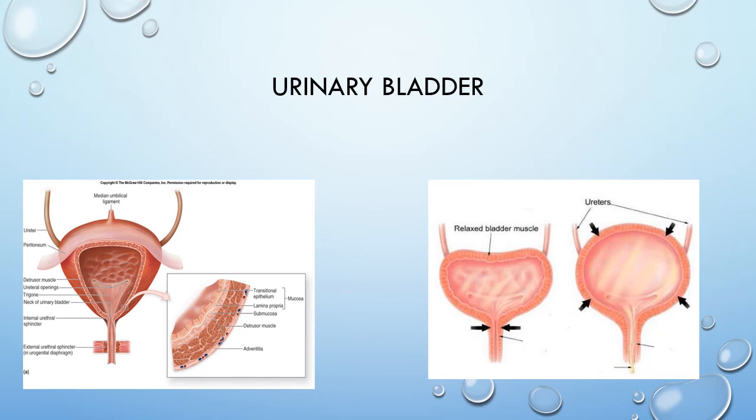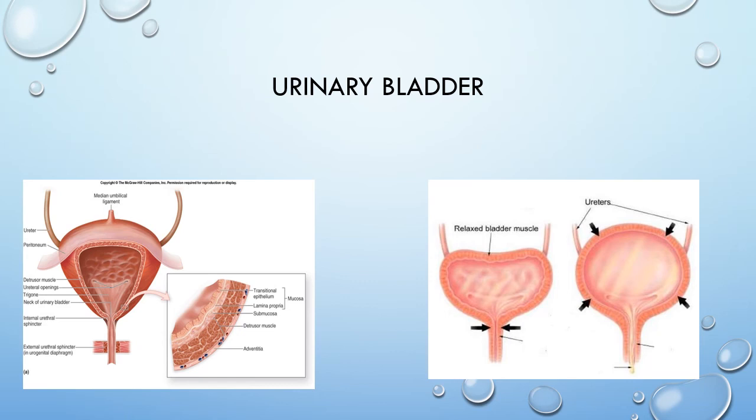So the bladder itself has 3 layers of smooth muscle, and it is made up of mucosa, transitional epithelium. Remember transitional epithelium, you learned about it in A&P 1. And of note, as the amount of urine in the bladder increases, it expands and rises superiorly rather than side to side.